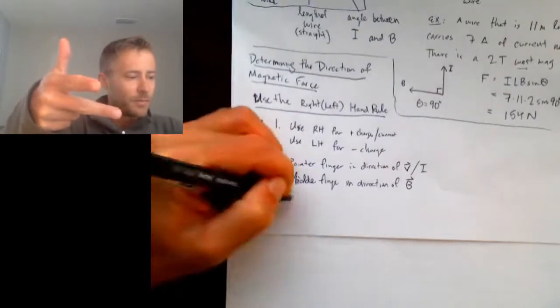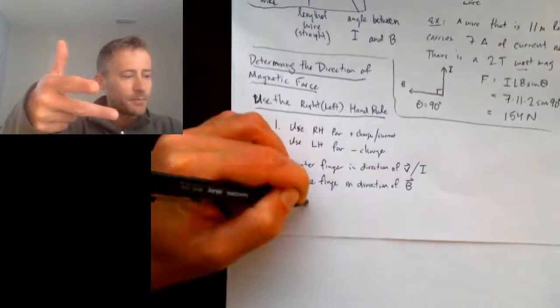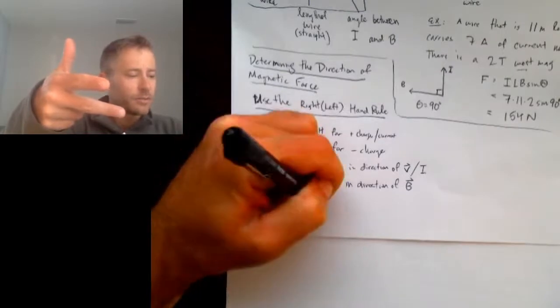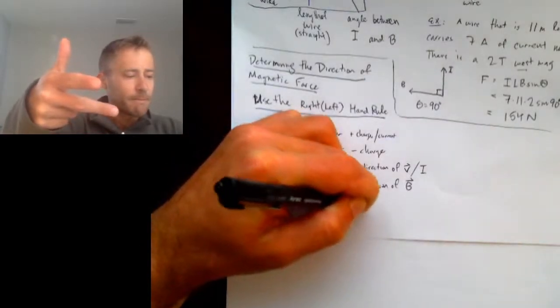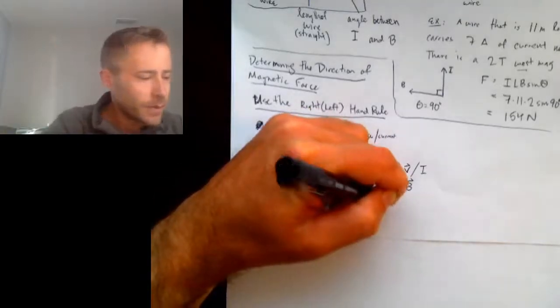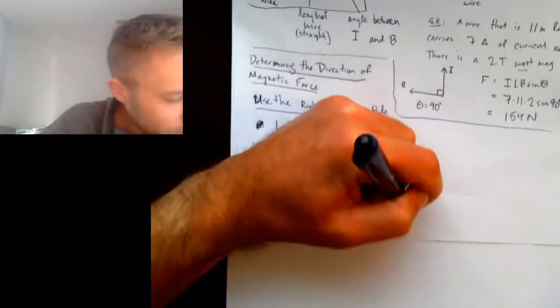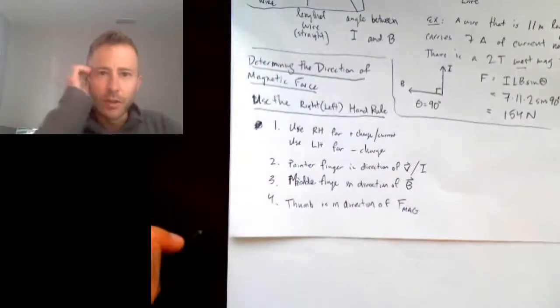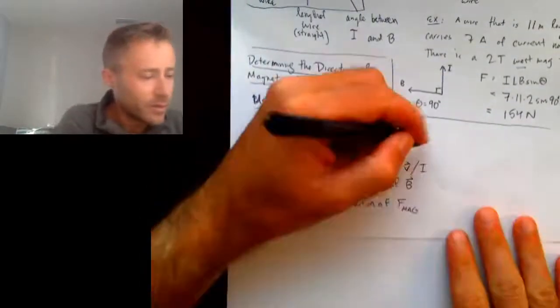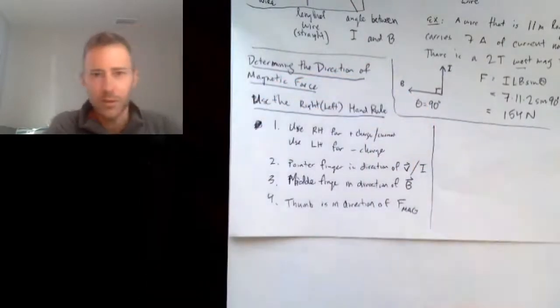And your thumb is in the direction of the magnetic force. So this is the right hand rule or the left hand rule.